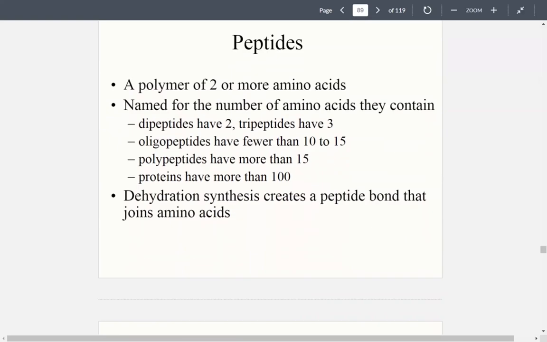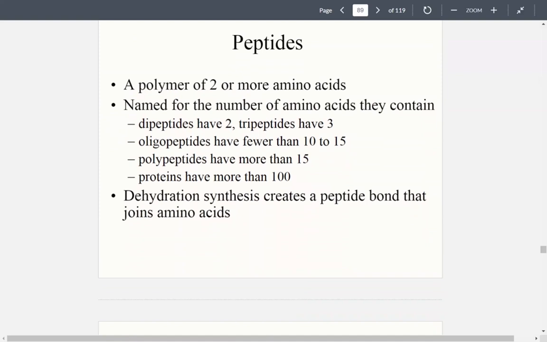All right, some terms here. If we say I have a peptide chain, I am talking about a linkage of 2 or more amino acids. And yes, we do break them down, name them based on how many. If I have a dipeptide, it's 2. Tripeptide, 3.